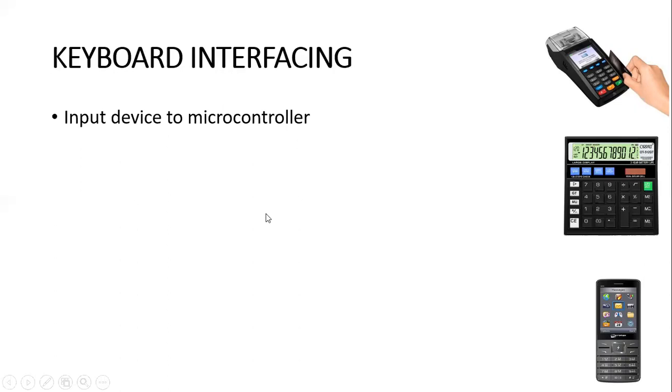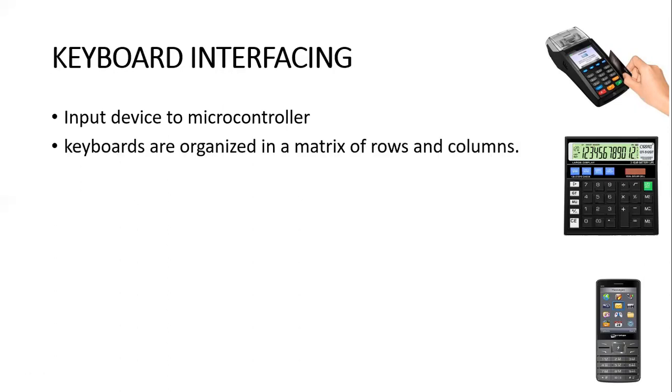Have you ever seen a keyboard? Keyboards are basically organized in a matrix of rows and columns. You must have studied matrices in your early classes, where you have a 3 by 3 matrix or a 4 by 4 matrix, with rows and columns. In the same way, keyboards are arranged in the form of rows and columns.